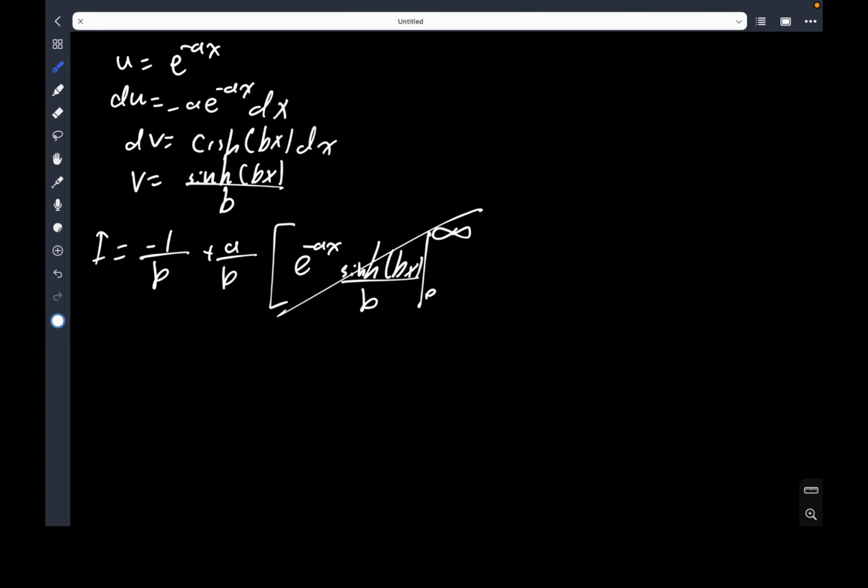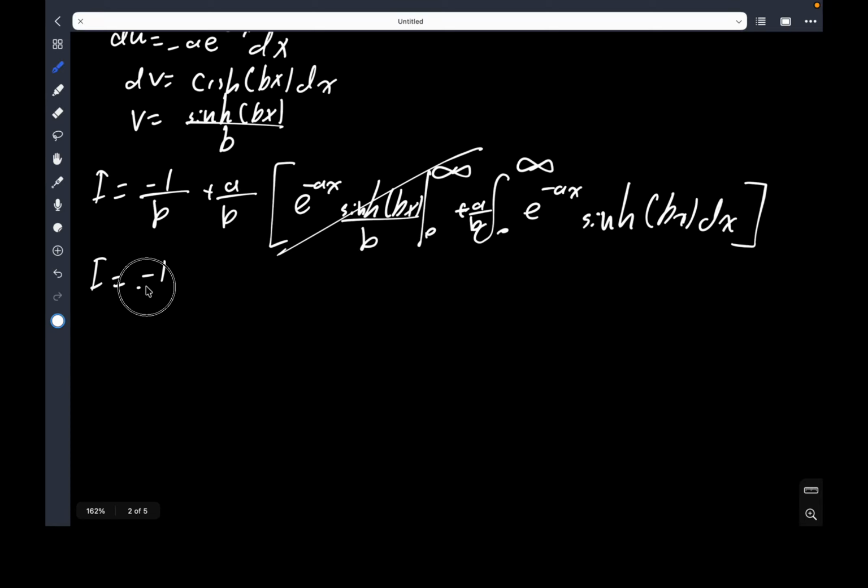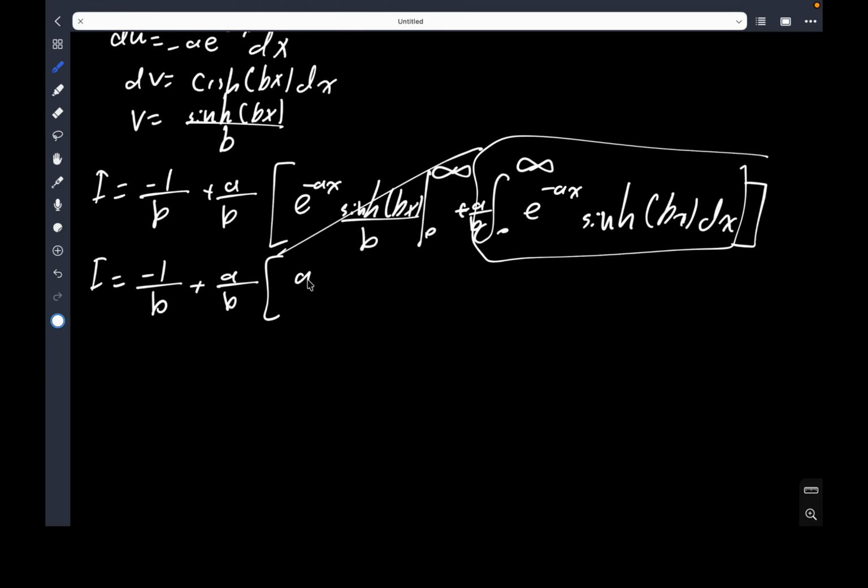This limit is going to go down to 0, minus the integral from 0 to infinity of a over b, if you take out the constant, e to the negative ax sinh of bx dx. Now, if you keep an eye out here, negative 1 over b plus a over b is exactly equal to I, our integral. Thus, I can write it as a over b I.